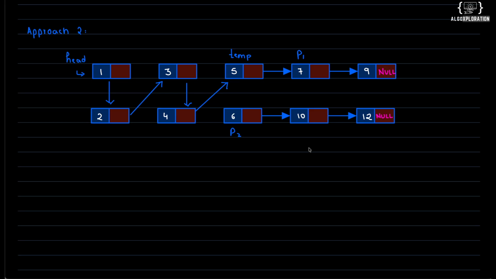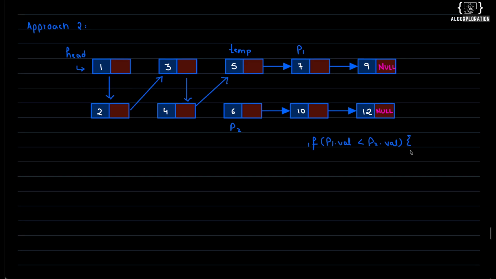If p1.val is lesser than p2.val, then temp.next equals p1. I need to make temp.next point to p1, and after doing this I need to shift the pointer to p1.next, so p1 will be p1.next.